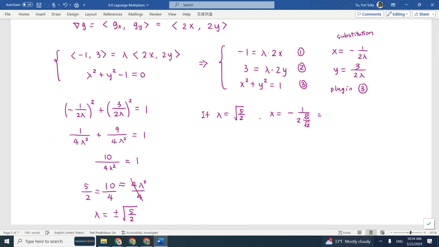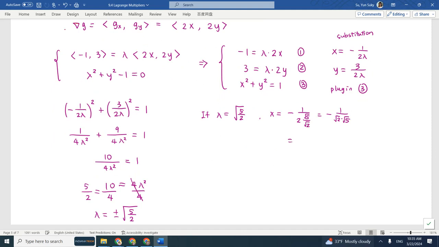And then this is the same as negative. Can you see the square root of 2 and the 2? You can cancel. Do you know 2 is square root of 2 times square root of 2? So you cancel one copy, you still have one copy left.